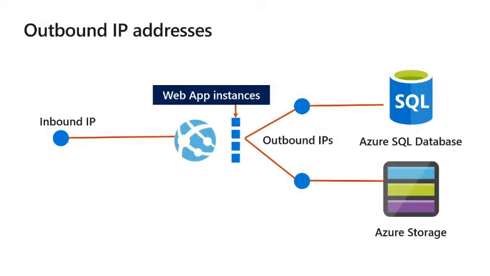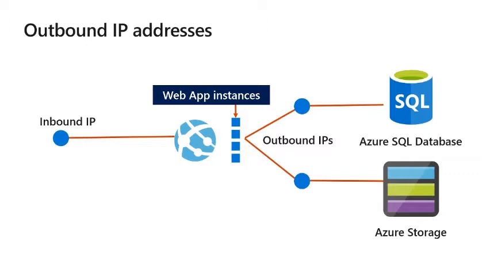To understand outbound IP addresses: regardless of the number of scaled out instances, each app has a set number of outbound IP addresses at any given time. Any outbound connection from the App Service app, such as a connection to a backend database, uses one of the outbound IP addresses as the origin IP address.